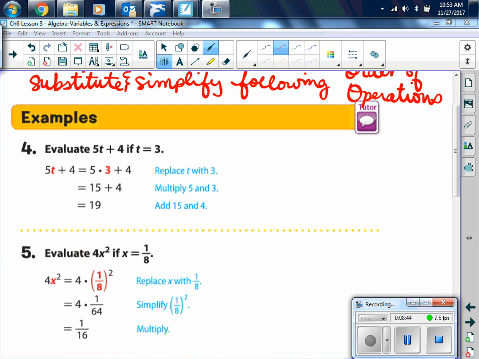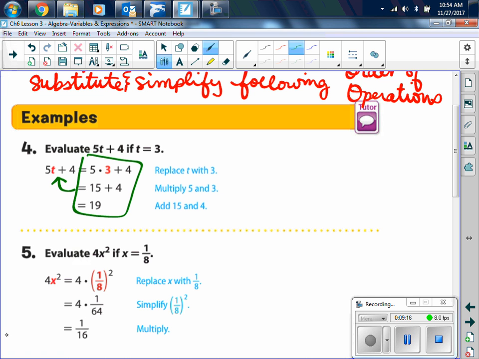Example 4 says evaluate 5t plus 4 if t is equal to 3. Remember, 5t means 5 times t. Wherever there's a t, we're going to substitute in 3. And don't forget, when you show your work, all of this should be right underneath your original expression.